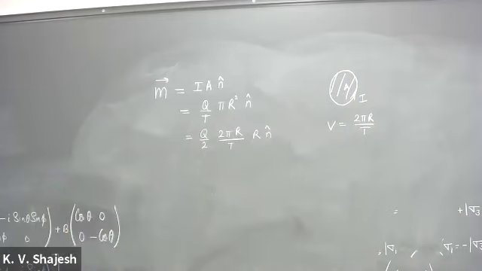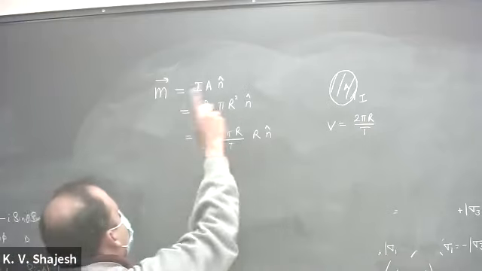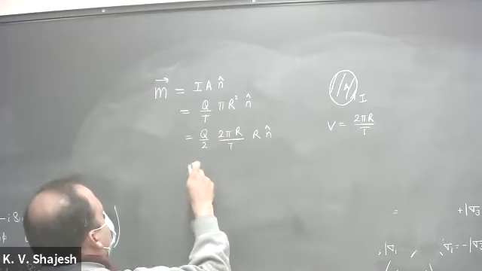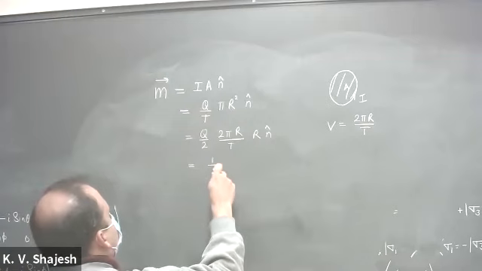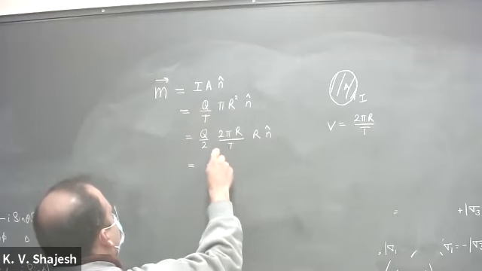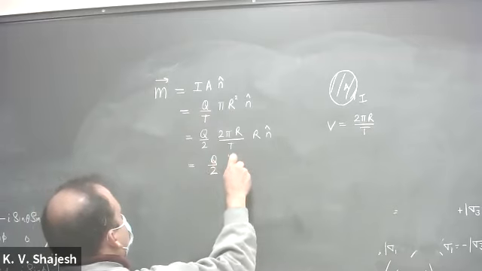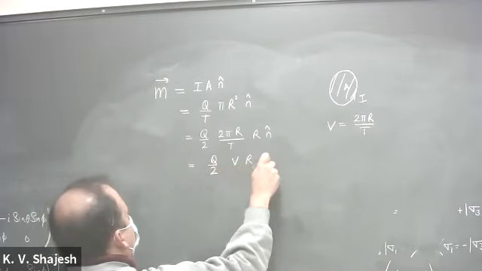Very naively speaking, in a perfect scenario where everything is in a circle and the charged particle is uniformly going around it, but it's a true statement. So this is Q over 2 times velocity times R and n hat.